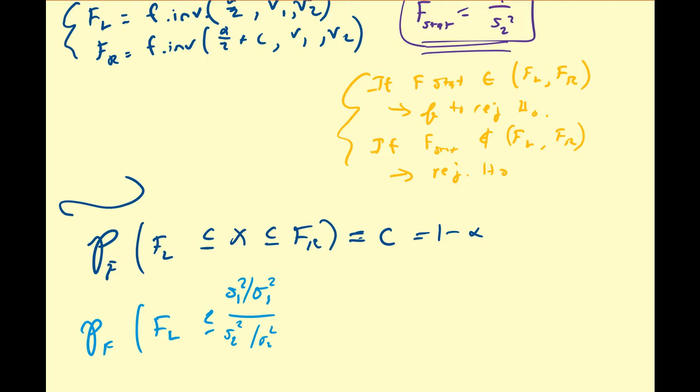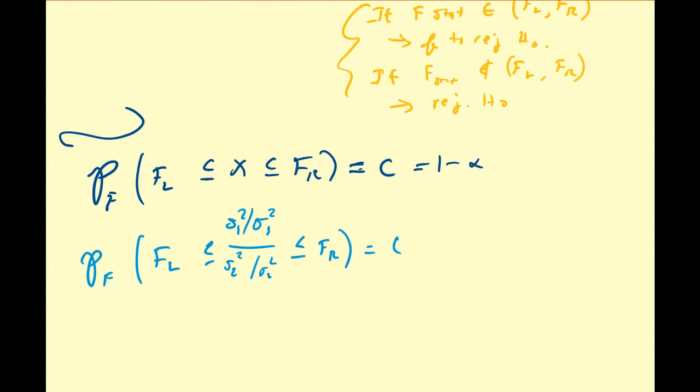Some people use A, some people use 1, some people use B, some people use 2. It depends on your notation. So this is going to be true, and this is going to be equal to C by construction. So we want sigma 1 squared over sigma 2 squared in the middle.